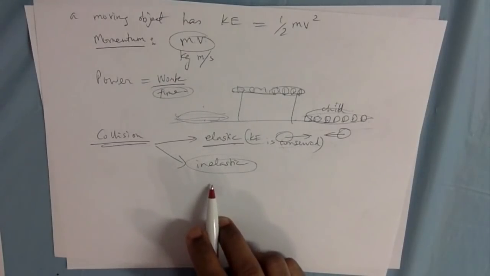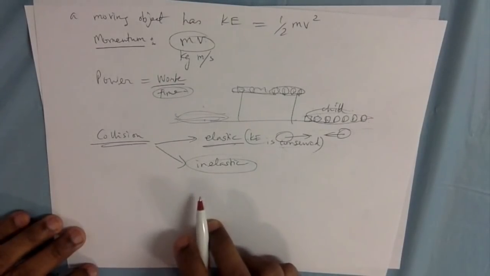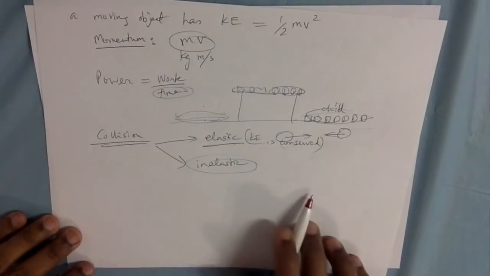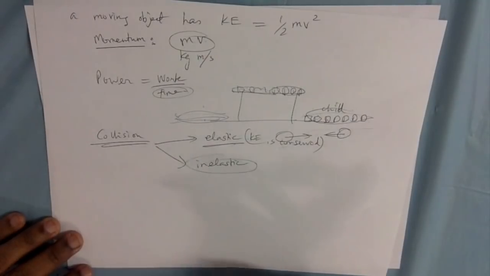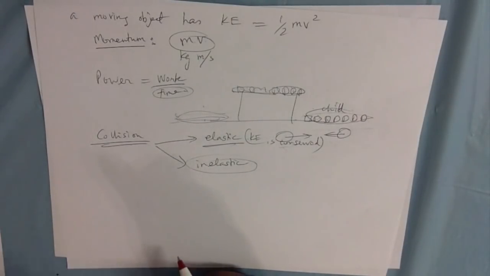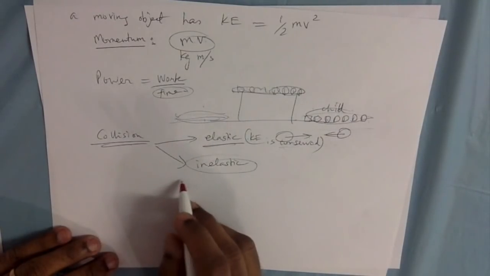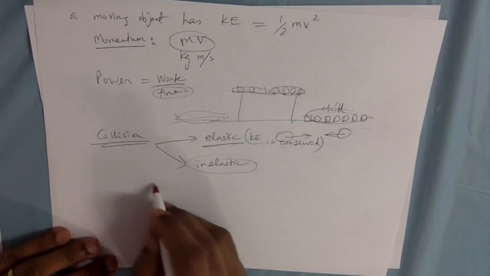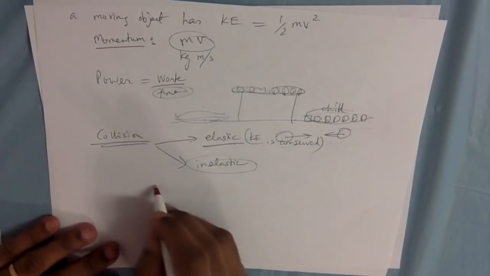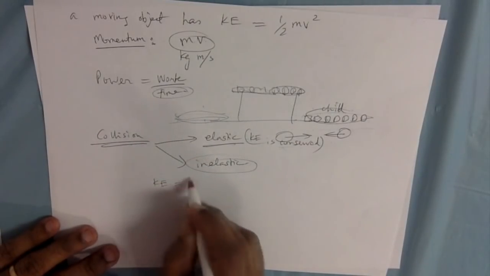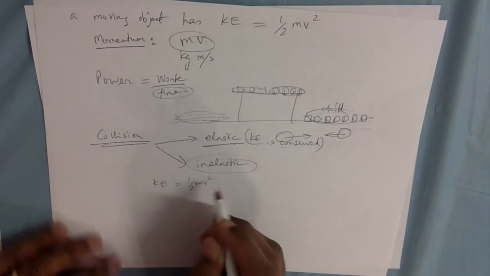All right, so these are pretty much what you're supposed to be aware of for this test, and hopefully you'll be able to use the equations and process them properly, because I've seen students not able to manage the half. Kinetic energy is half mv squared.